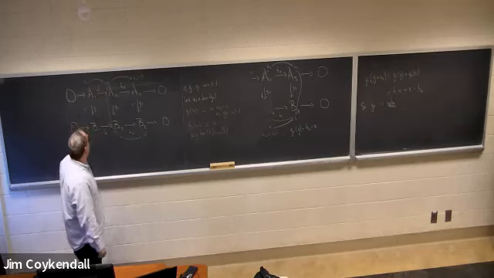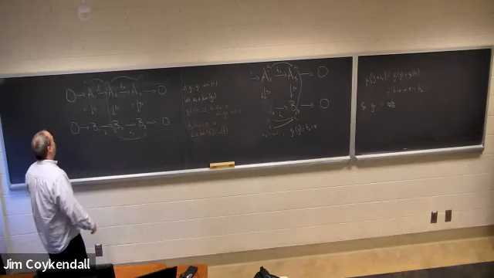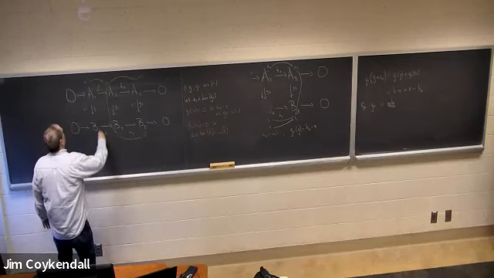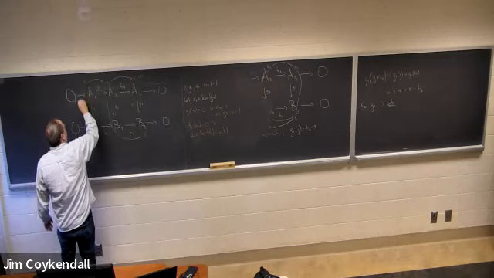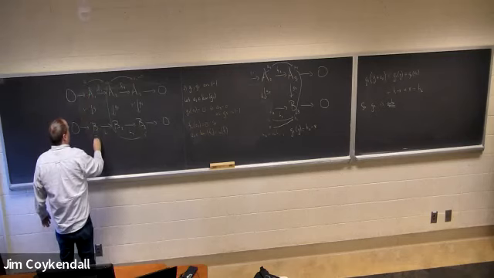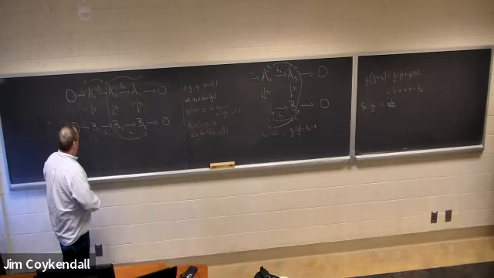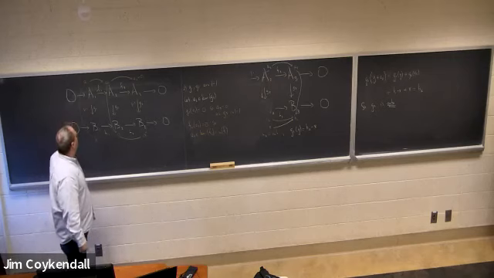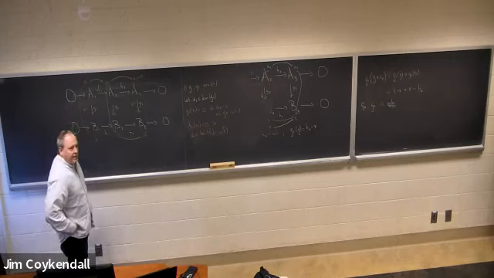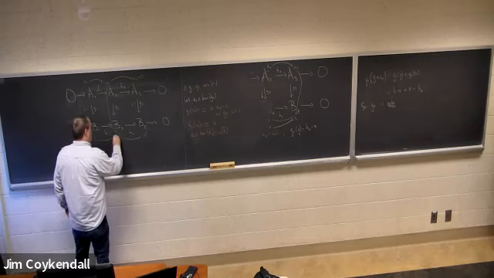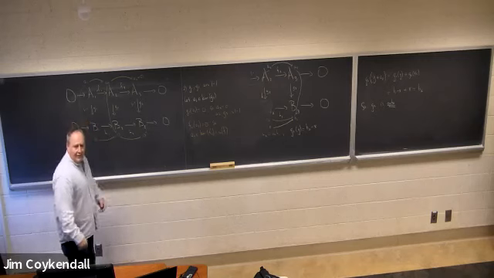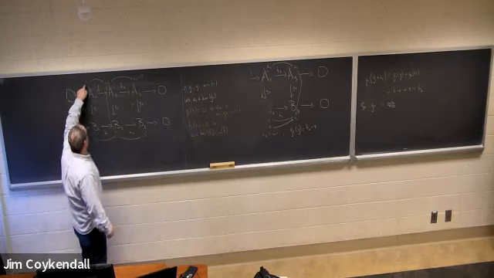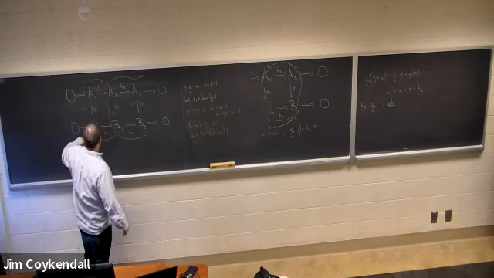Now, goodness, I'm almost out of real estate, so let's just follow this again. A1 goes down here to B1. And when B1 goes over here, where does B1 have to go to? It has to go to 0. Again, this is that diagram commuting thing. Going this way is the same as going this way.